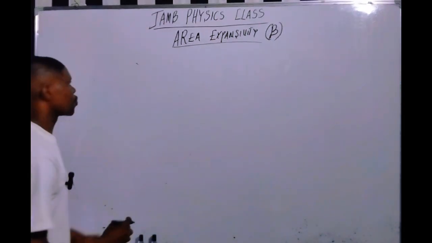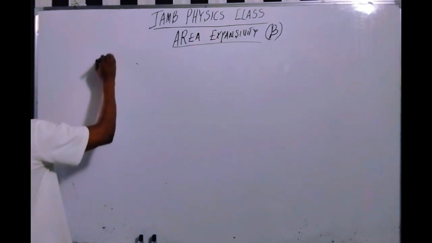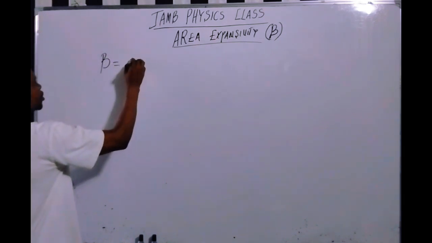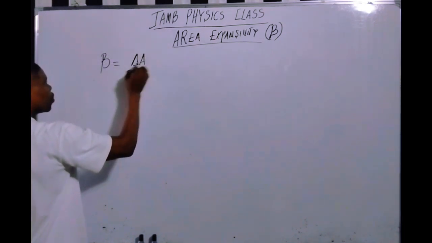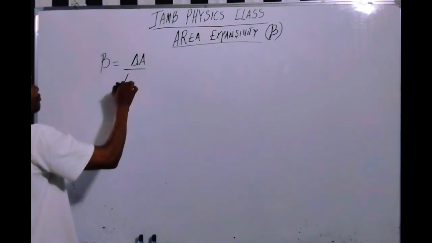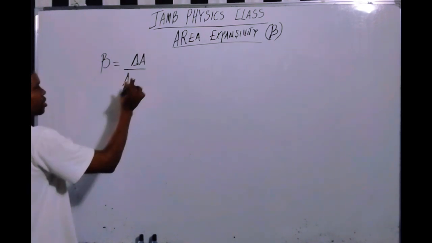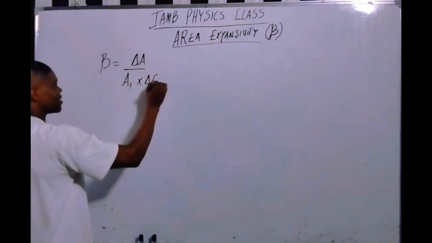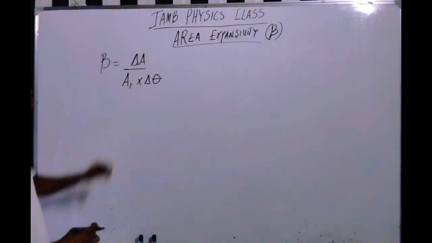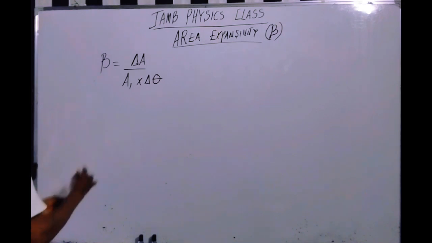So when we talk about area expansivity, beta is equal to the change in area over the original area times the change in temperature. Do you understand? Now let's define the terms.